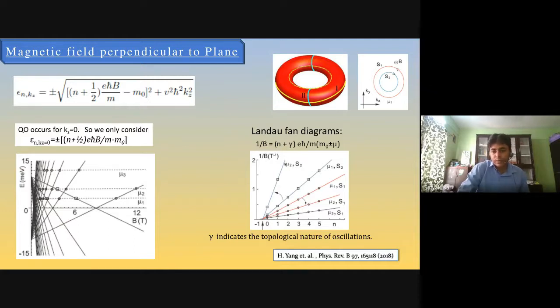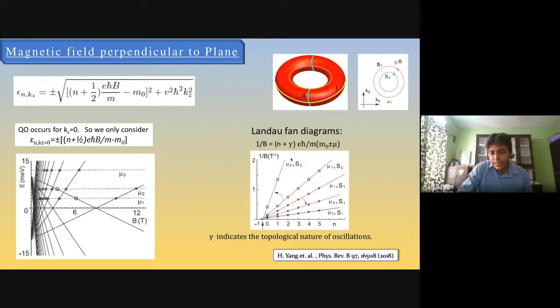You see they are aligned along a line, so they are linear plots, and that can be seen from the Onsager relations also, which can be written in this fashion, that they are in fact straight lines. If you plot 1/B versus n, you get a straight line, and that is true if you consider both plus or minus branches of this dispersion.